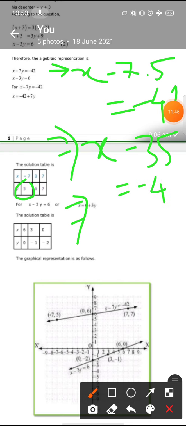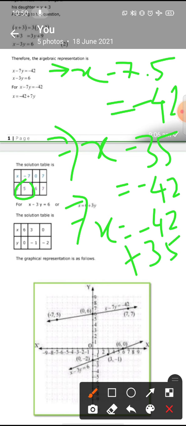Now we have to find the value of x, so x equal to 42 minus 35, because 35 is the non-variable term, so we transpose it from the left hand side to the right hand side.